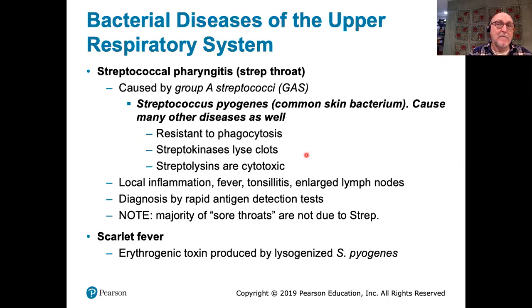The other thing is that they produce several exoenzymes, streptokinases, streptolysins, various things which have an impact. They sometimes break down cells, they affect blood clotting, all of these sorts of things, and all of these things in themselves are damaging to tissues and excite even further immune response.